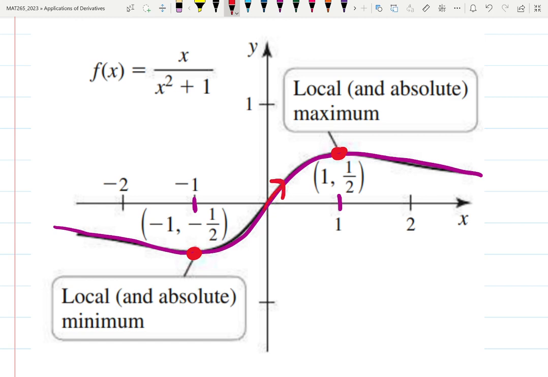Right before, we were hiking up and then hiking down after x equals 1. And the height we found is the height of the hill. And on the left of minus 1, we were going down. Going down, derivative was negative. Going up, derivative is positive. And at minus 1, the pit, let's call it a pit, right?